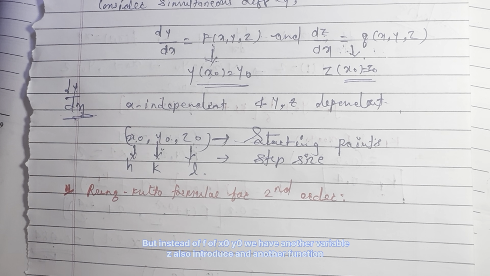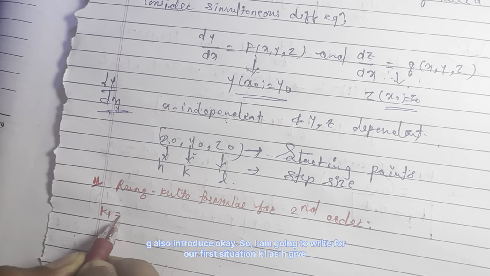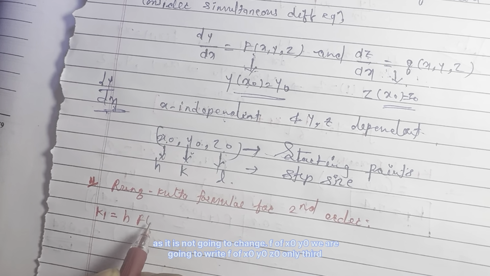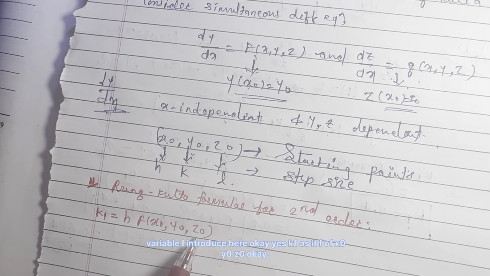I am going to write this for the Runge Kutta formula for second order. Now, in our simple differential equation k1 is h into f of x naught, y naught. But instead of f of x naught, y naught, we have another variable z introduced, and another function g also introduced. So for our first iteration I write k1 as h, keeping it as it is, not changing it, times f of x naught, y naught, z naught. Only the third variable is introduced here.